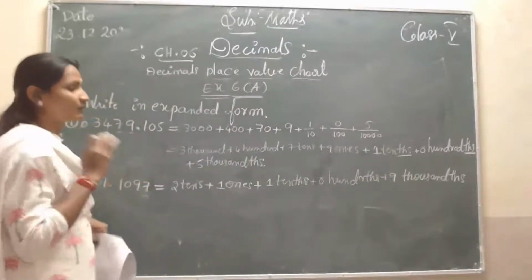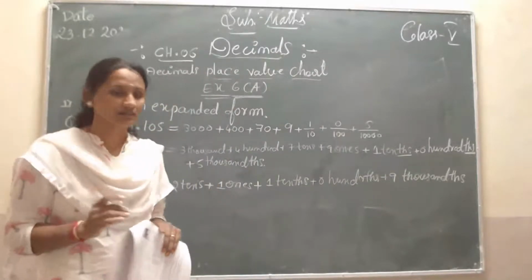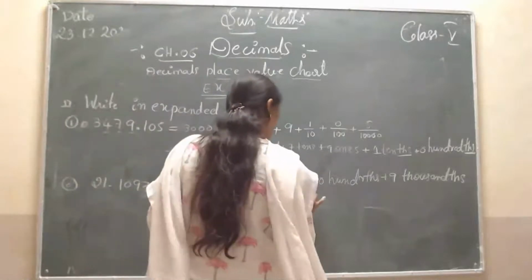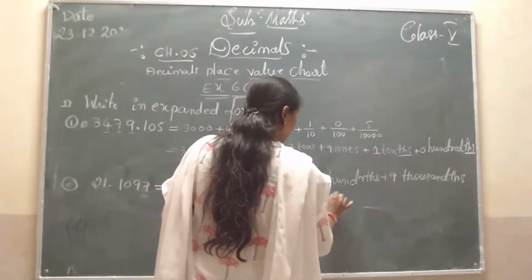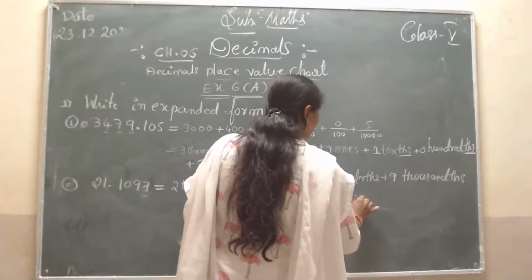Last, 7 means you have to consider 10,000s.